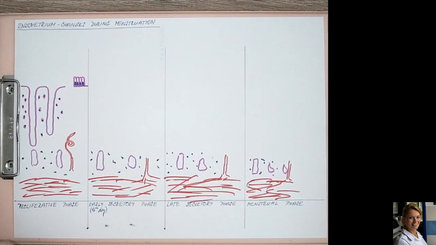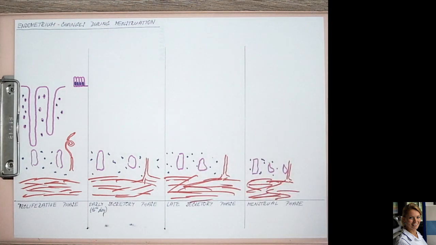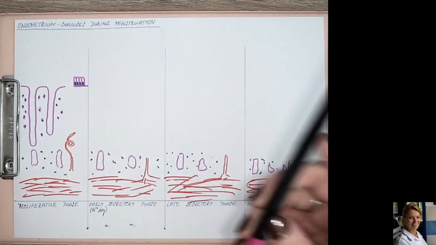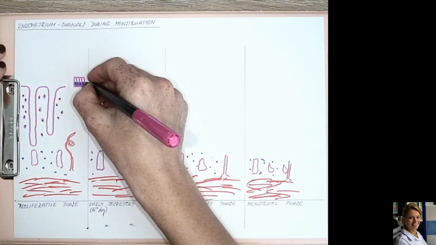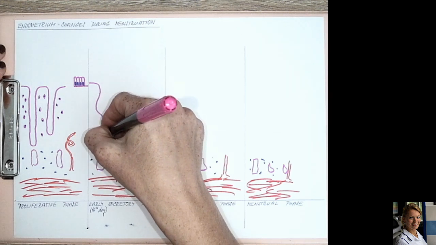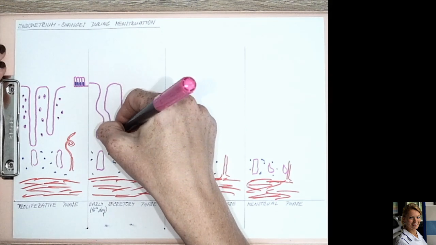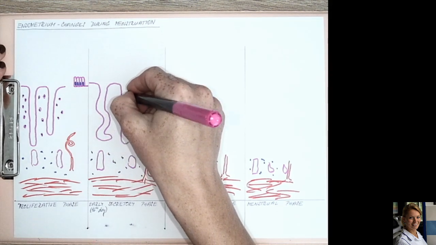And also stroma is undergoing a decidual reaction in that some of connective tissue cells enlarge as they get lipid drops and glycogen. So the endometrial glands start to coil. Some glands are still straight.